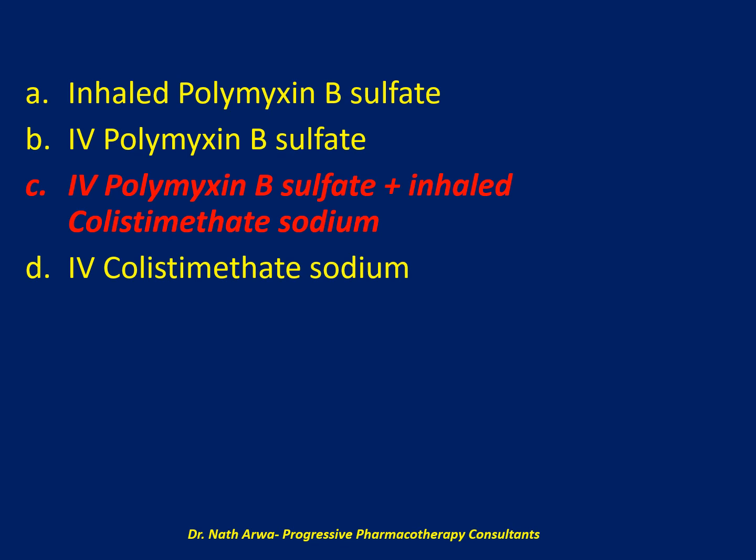Now, the current IDSA and American Thoracic Society guidelines for the management of adults with HAP and VAP recommend the use of a combination of inhaled and systemic antibiotics for HAP and VAP due to MDR gram-negative bacilli susceptible only to aminoglycosides or the polymyxins.